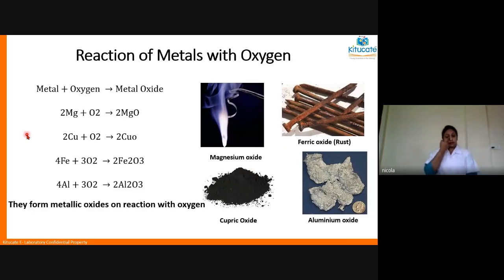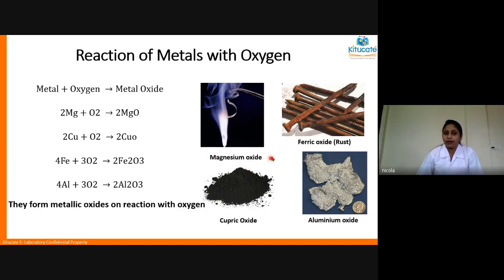All right. So first of all, we'll discuss what happens when metals react with oxygen. When any metal reacts with oxygen, they form a metal oxide. Metal oxides are formed. For example, you can see in the first case, that is magnesium. When magnesium burns in the presence of oxygen, magnesium oxide is formed.